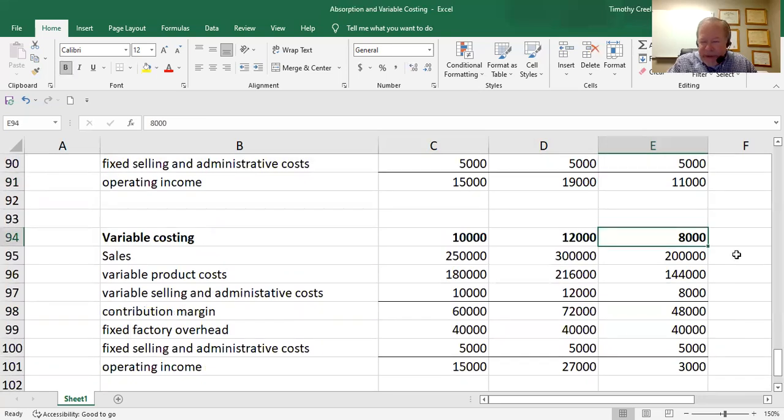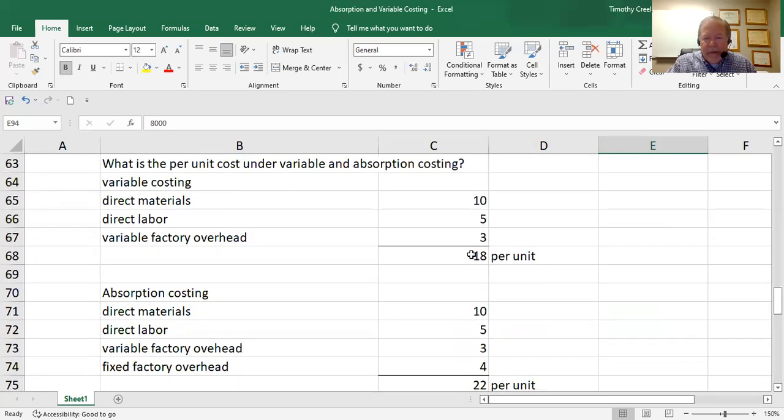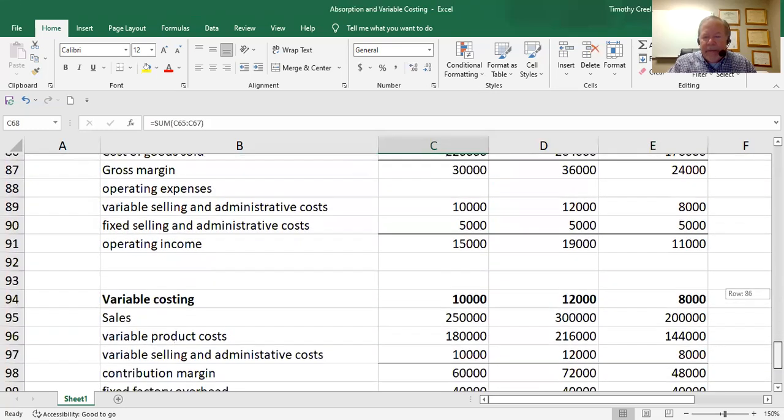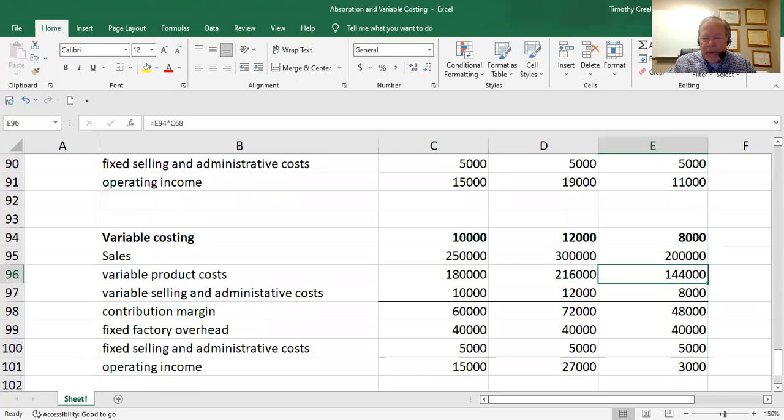Under variable costing, we sell 8,000 units. We'd take the 8,000 times $25 per unit selling price. We'd get 200,000. Then we would take the 8,000 times the $18 per unit product cost under variable costing, and that would give us 144,000.